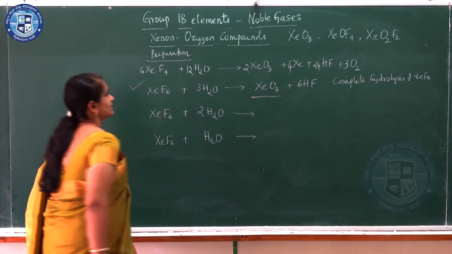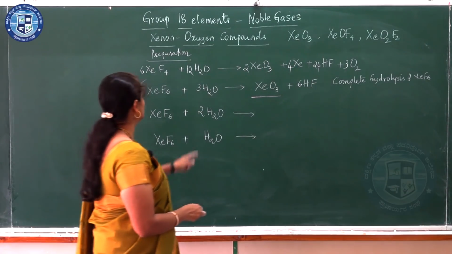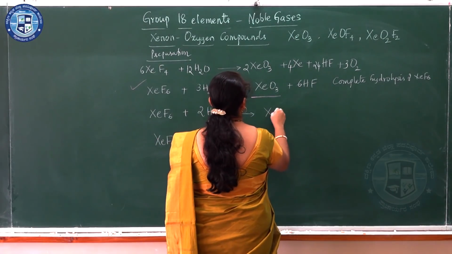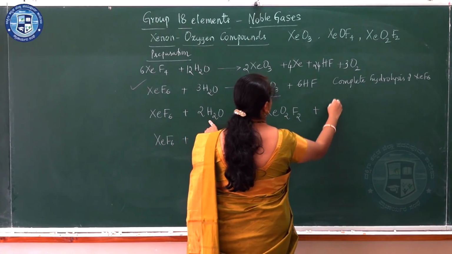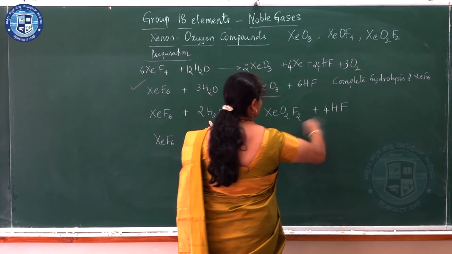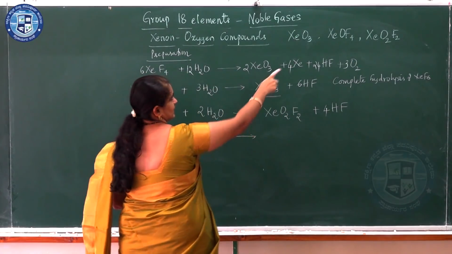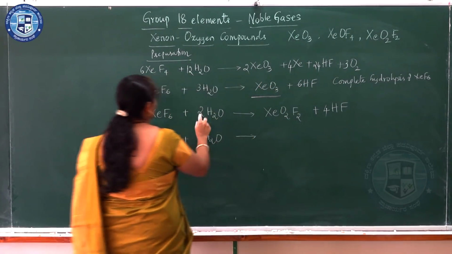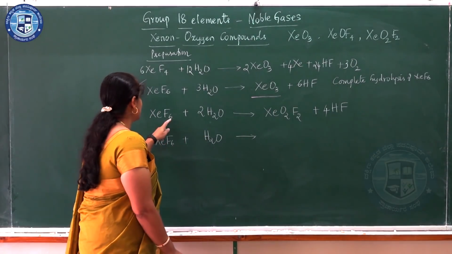Now, in this case, what are the products you are going to get? If you take 2H2O, I will end up with XeO2F2 plus HF. How many HF? 4 HF, 2 into 2, 4. So, XeO2F2 comes, the last one I am writing. By taking 2 molecules, that is partial hydrolysis of XeF6.